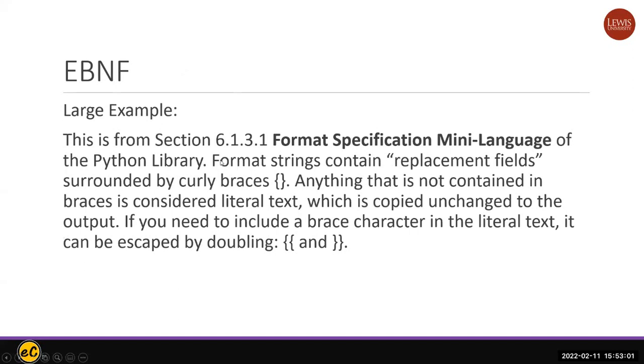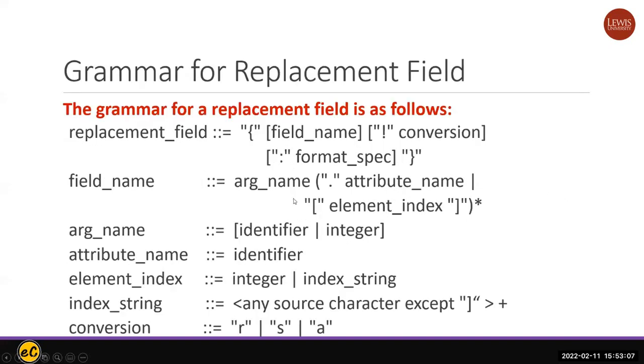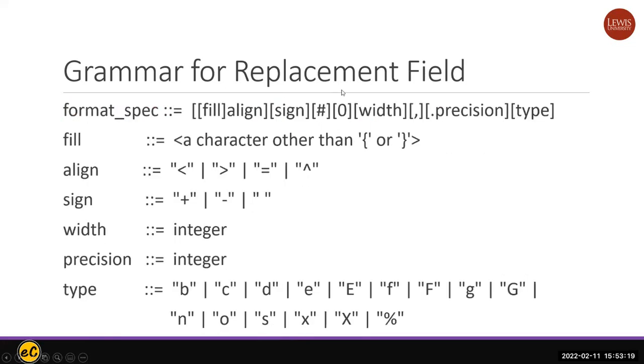This EBNF format uses the format specification mini-language of the Python library. Right here, the replacement field is like this. These are the grammar for the replacement field. We'll continue with this. These just set up the different production rules in the EBNF format.